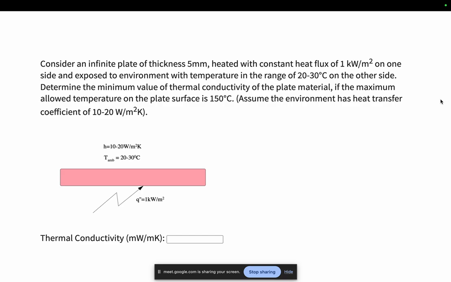What is the other possibility that we have? We can take h equals 10 and T infinity equals 30. So what would be the value of k in this particular case?